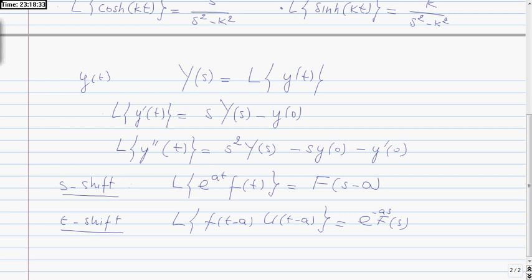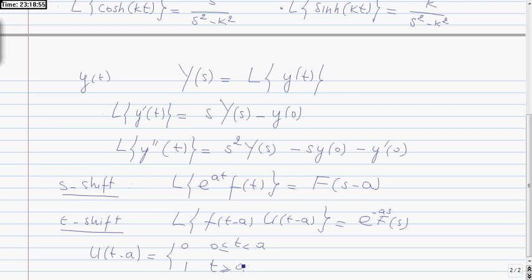Now, what is u of t minus a? It is the unit step function. U of t minus a is defined as 0 when t is between 0 and a, where a is any positive number, and it is 1 when t is greater or equal to a.